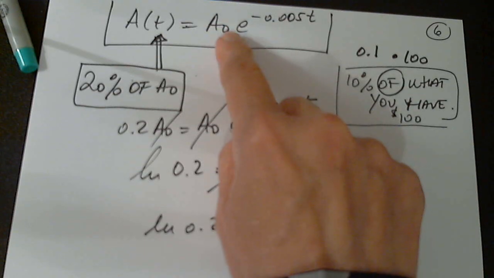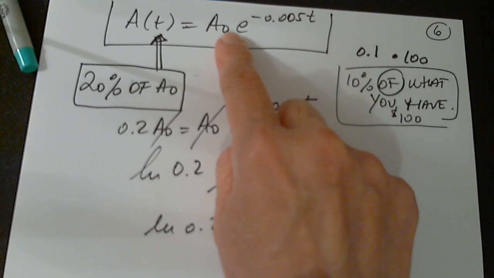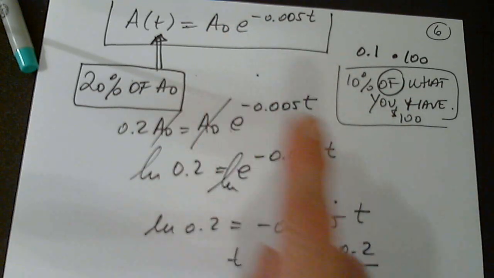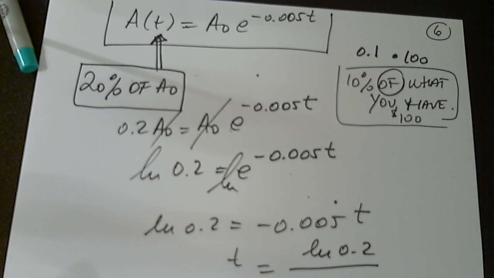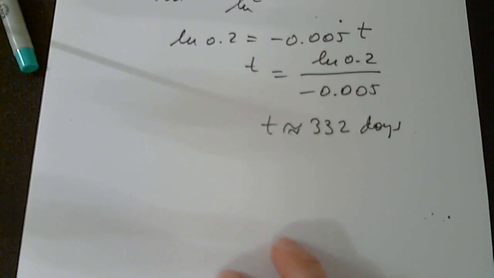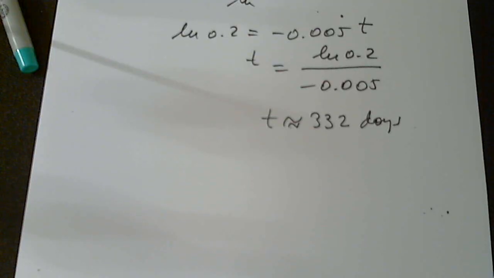But it gets from 100 to 50 in 140 days, which confirms the half-life of 140.